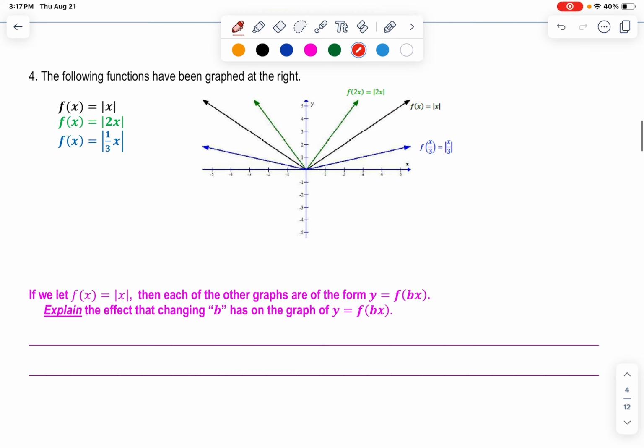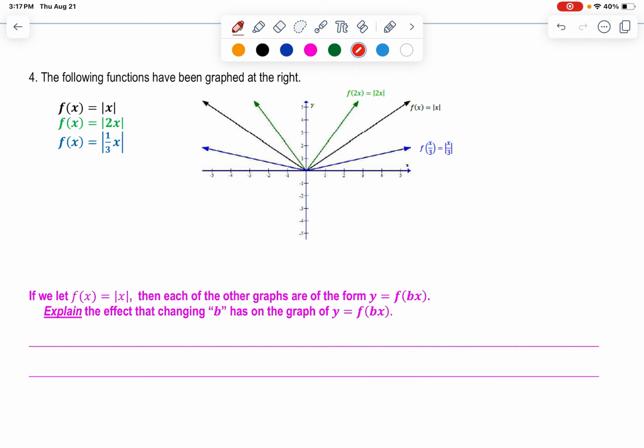All right, moving on to the next one right here, we have absolute values function. If you look at what's happening here, there's a multiplier, but it's inside the parent. If it's inside the parent, it's a horizontal effect. Okay, so if you look at the green one, what's happening to it, it looks like it got narrower, right? So if I want to describe what's happening to it horizontally, it's like someone pushed the sides in, right?